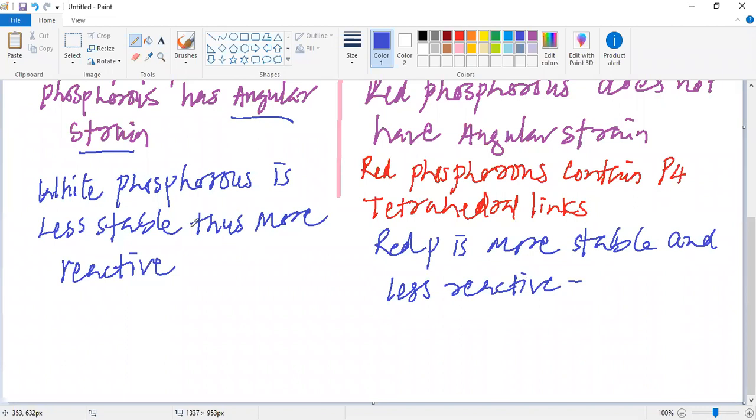This is what we have discussed about the chemical nature. Chemically, red phosphorus is more stable and less reactive, and white phosphorus is less stable and more reactive. And that is why, my dear students, there is a phenomenon known as chemiluminescence.